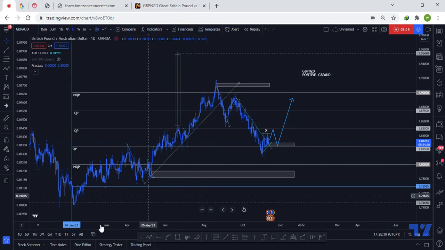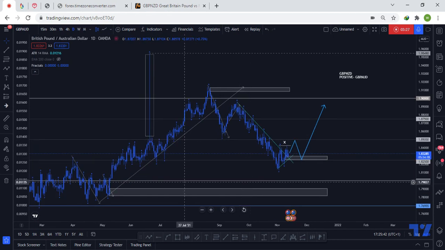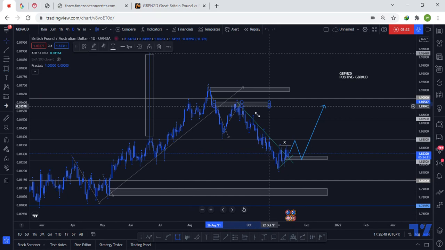So here we go. This is our upward trend line. Let me explain the basic concept of this trade, and that's why I love GBPAUD. These are obvious trend lines on this pair. What happened? We broke out of the trend line here, and see how the market came.